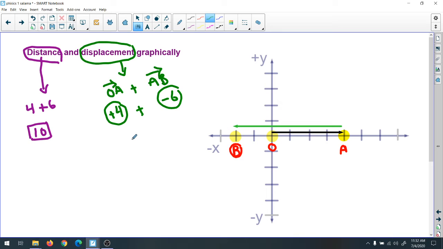Then the displacement will be, you add positive 4 to negative 6, negative 2. And this is our displacement. Look at our position, it's in here, and it's really 2 units to the left of the origin point. That's displacement, to know the difference between distance and displacement.